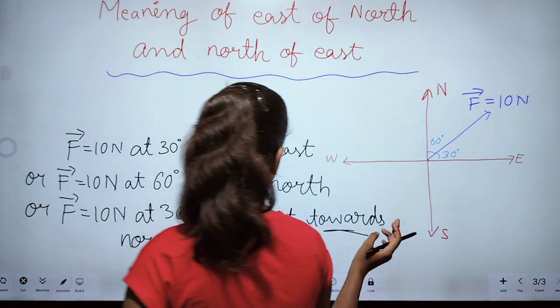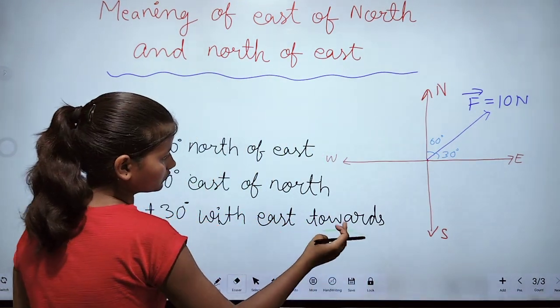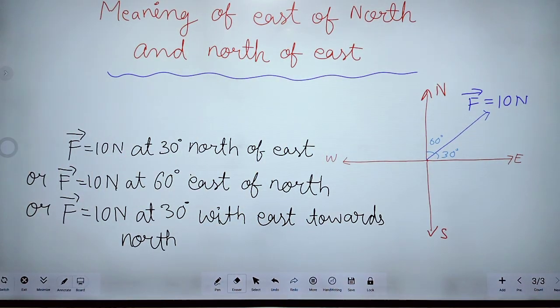Here you can also write due, but toward is suitable, I think. So that's why.